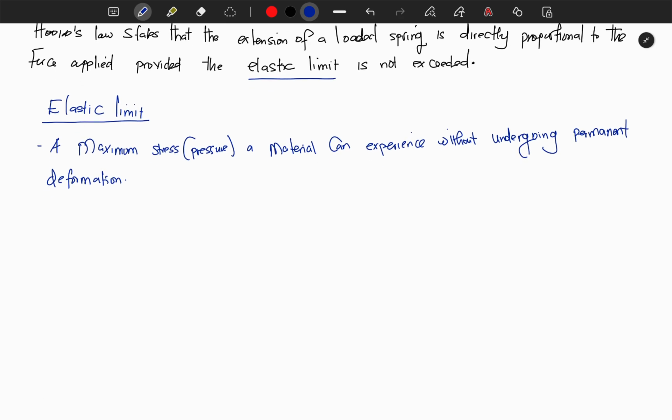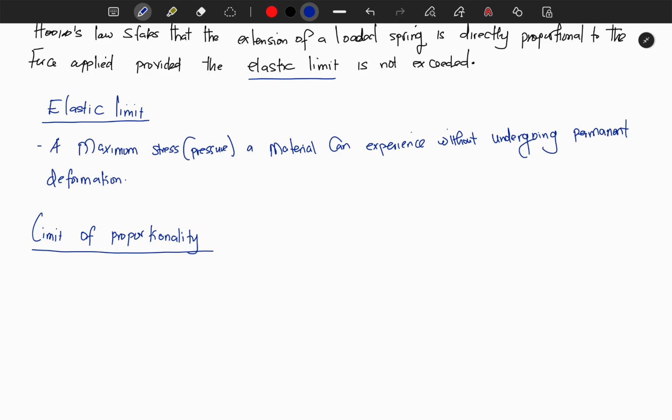Then we have another term, the limit of proportionality. From now on, you need to know the difference between these two. Now, what is the limit of proportionality? It is a point where the direct relationship of the extension and the force applied no longer exists.